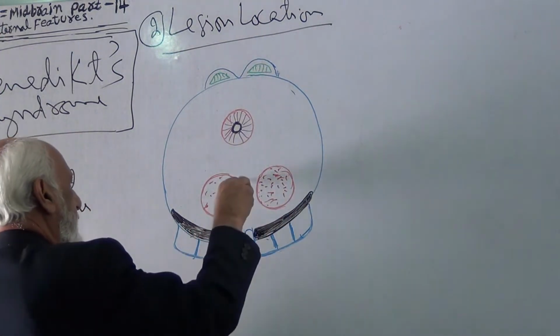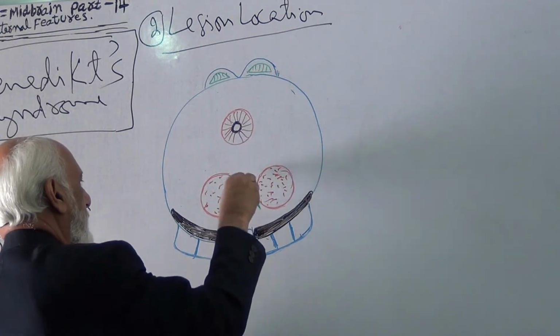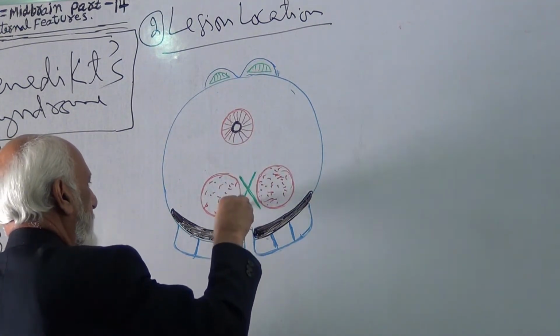Between the red nuclei in the midline is the ventral tegmental decussation.